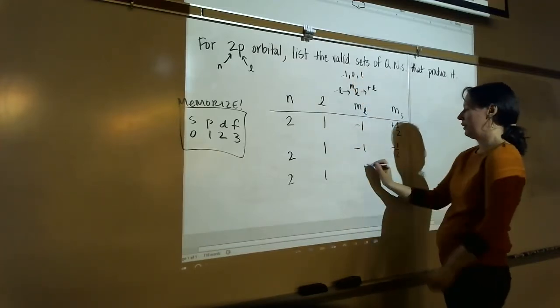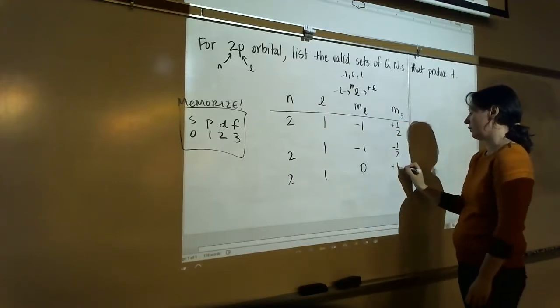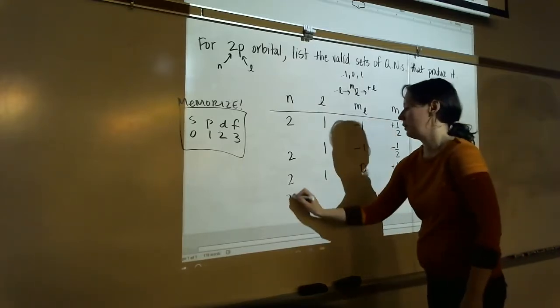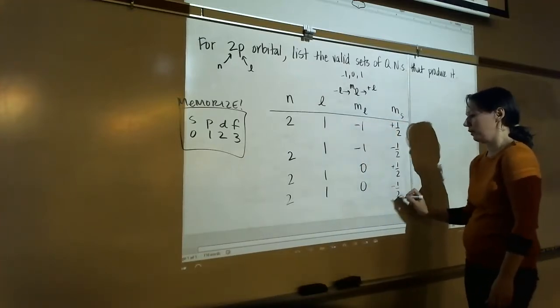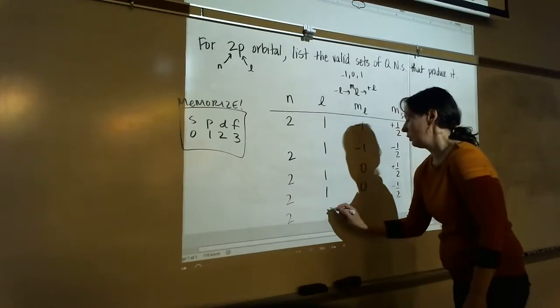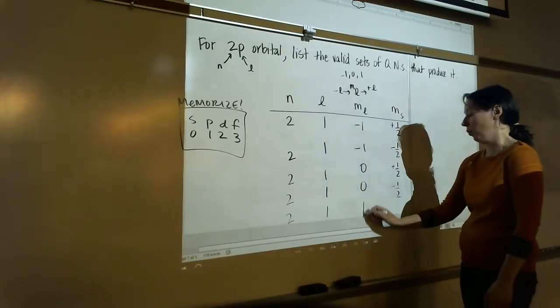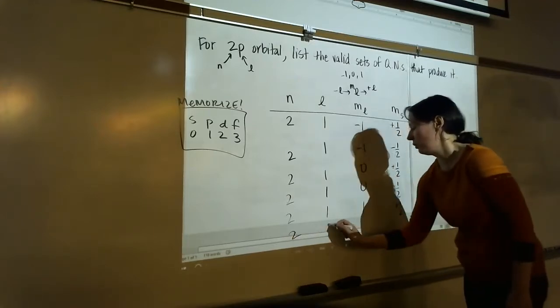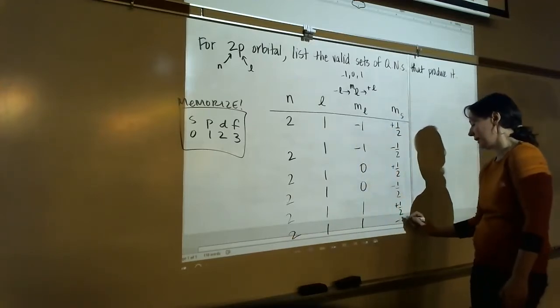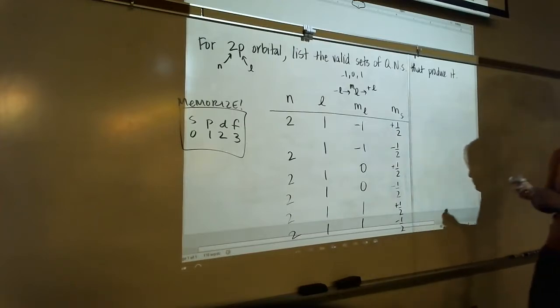So 2, 1, 0, +1/2. 2, 1, 0, -1/2. 2, 1, 1, +1/2. 2, 1, 1, -1/2. Does this make sense? Do we see where these numbers came from?